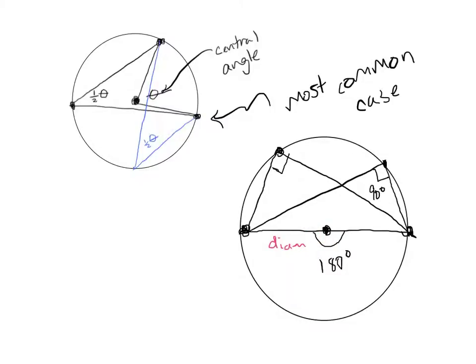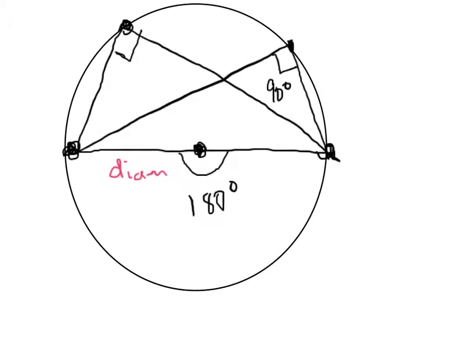That brings us to the problem at hand, which I'm going to zoom in on. I'm not going to copy down the exact problem, but I am going to label the angles the same way they're labeled in the problem.